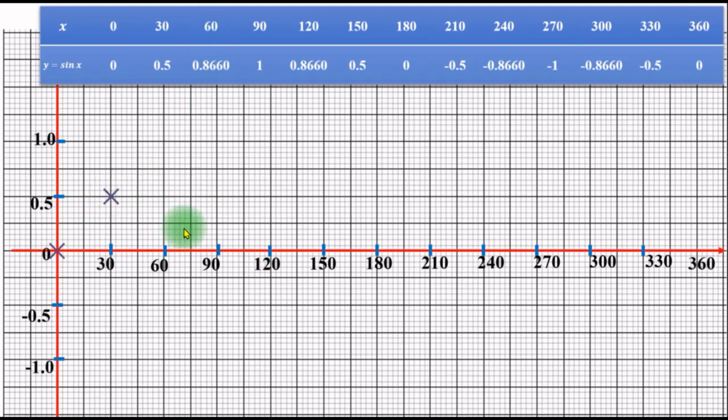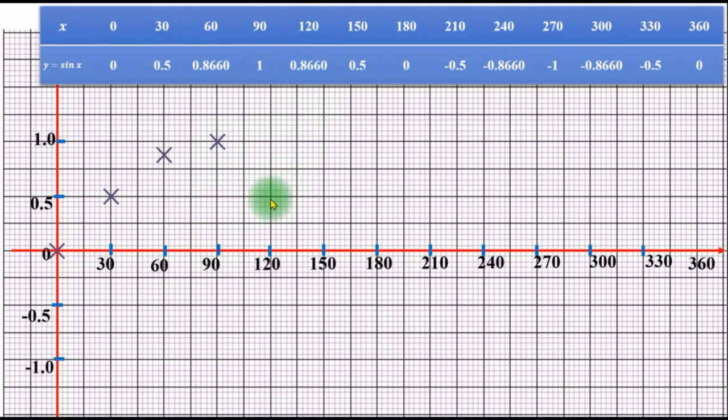When x is 60, y is, to 2 decimal places, 0.87, and here one small square is 0.05, so this will be at this particular point. Then when it is 90, y is 1 at that point.